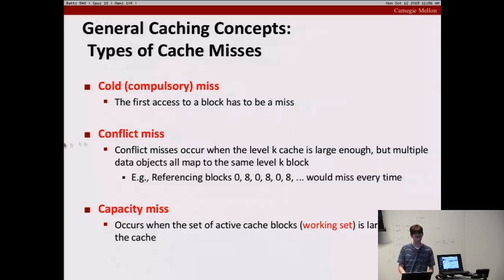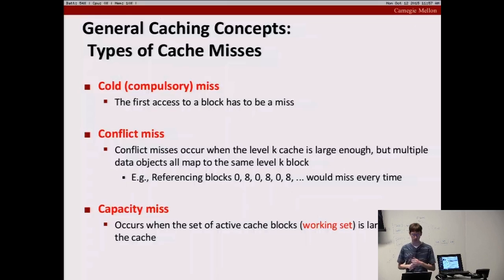We also have the situation where we go to load something up, and it conflicts with something that's already here. So we load it up, and it has the same tag and set as something over here, and both of these are already full. So we've missed because it's not one of the ones in here. And even if this set is empty, we're still going to have to replace with this particular scheme of how we get stuff out of our cache.